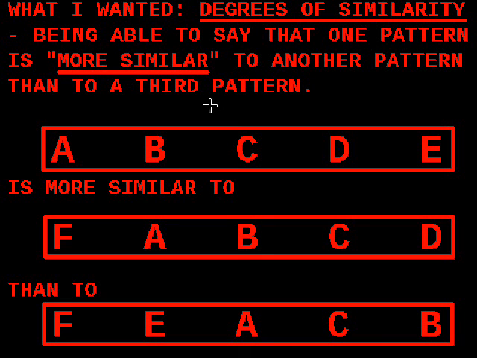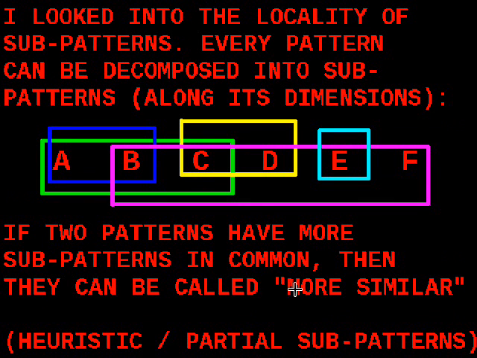So what I wanted was truly degrees of similarity, being able to say that a pattern is more similar to another pattern. Here an example, I wanted to say that A, B, C, D, E is more similar to F, A, B, C, D than to F, E, A, C, B. And I got therefore the idea to look into the locality of sub-patterns.